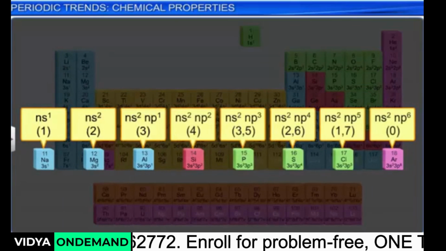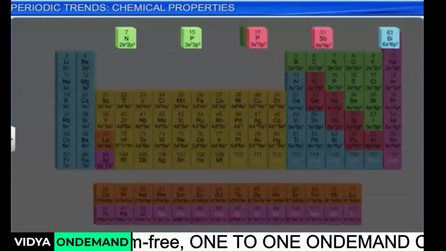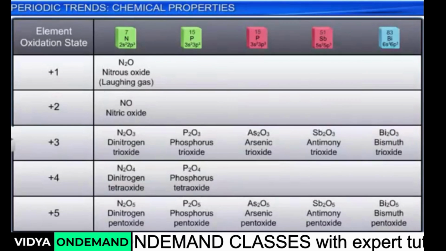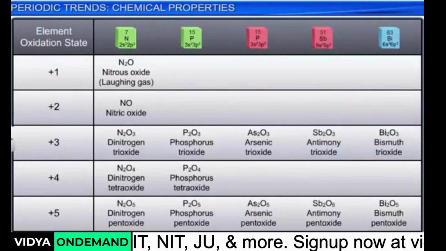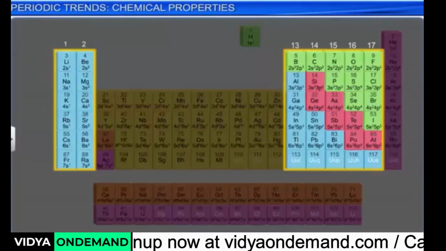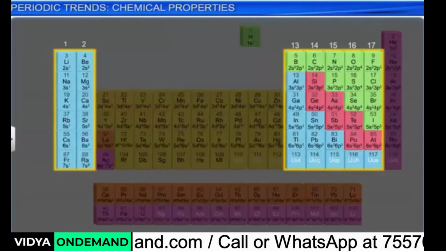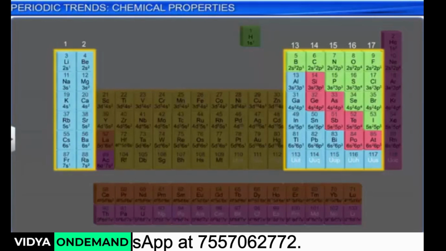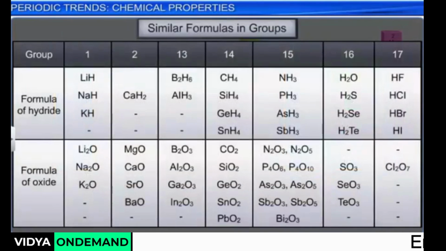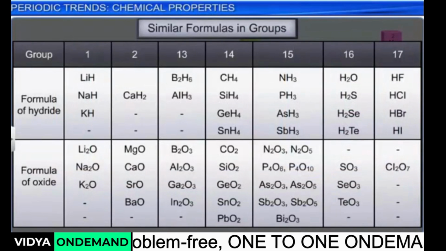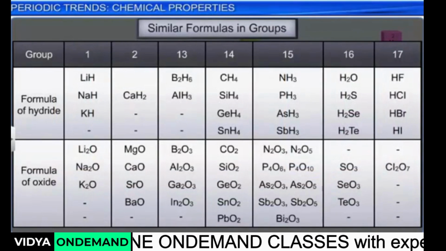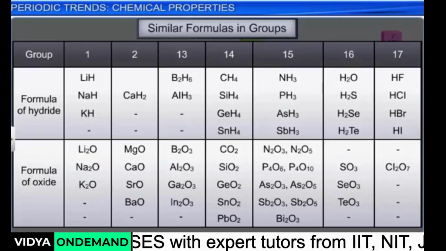The number of oxidation states, however, is the individual property of each group. You can observe periodic trends in the oxidation states of elements based on the formulas of their compounds with hydrogen and oxygen. As is true for oxidation states, all the elements in a group of the periodic table show similar chemical properties.